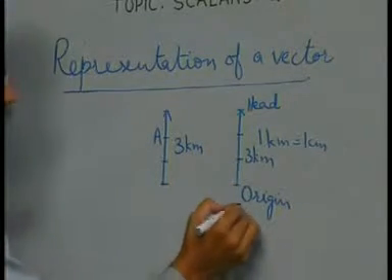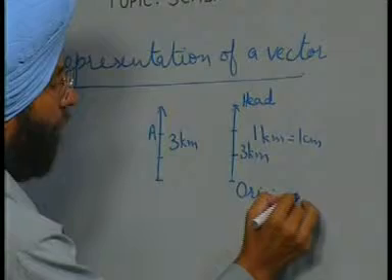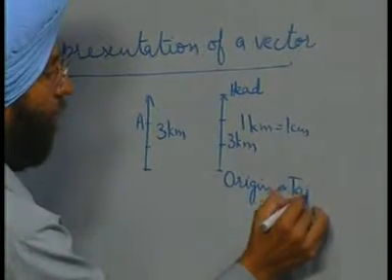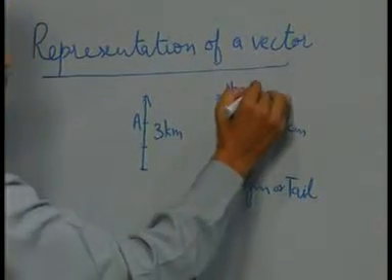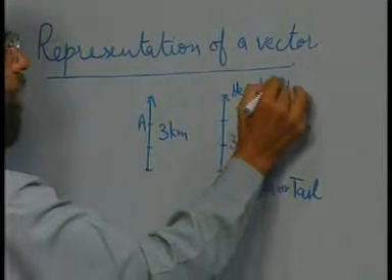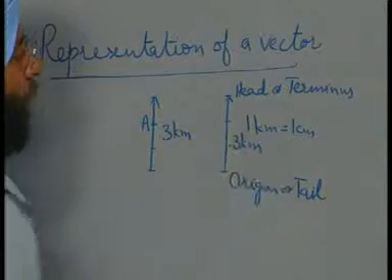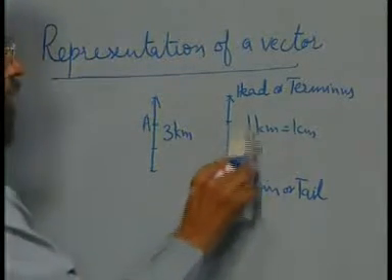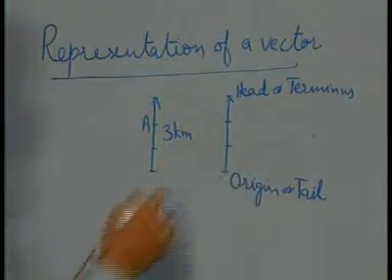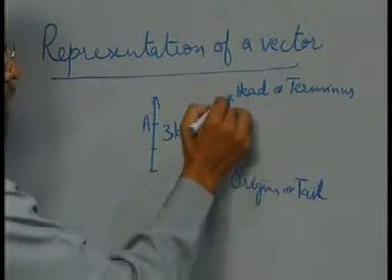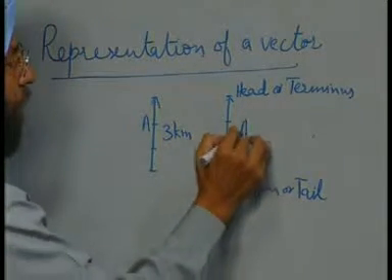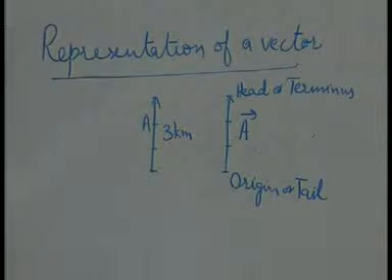This point is origin or tail, this is head or terminus, and magnitude of the vector is given by the length of the line. So, this will represent vector A.